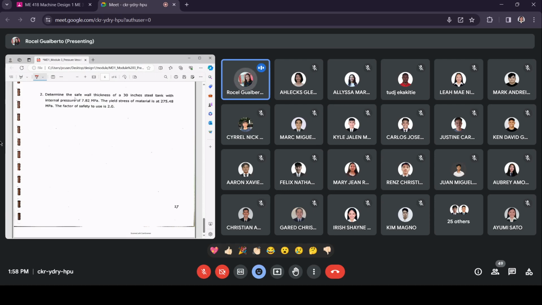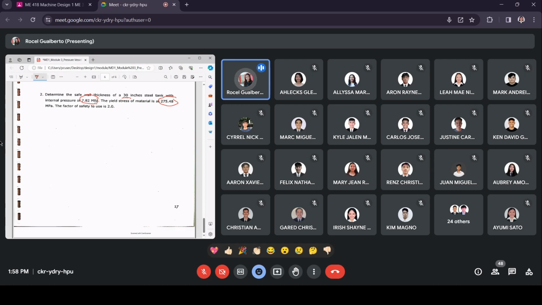Okay? So you look at this problem 2. Notice that the given are mostly in the SI. But in this one, this is still in English unit. So this is in SI. So if the given on a problem is in SI, then we are to solve this using the SI unit. Naintindihan po ba?